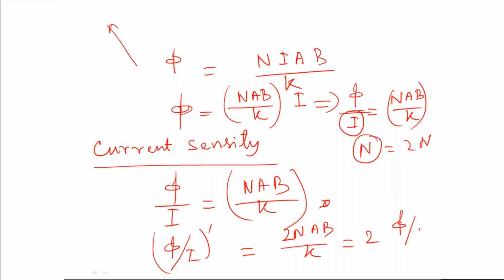You can double or triple it; you get this multiplicative factor with the number of turns, and you can increase the current sensitivity of the ammeter. There are many interesting numerical problems related to this. I'll be sending you some problems on this chapter, and in the next class we will discuss many numerical problems.